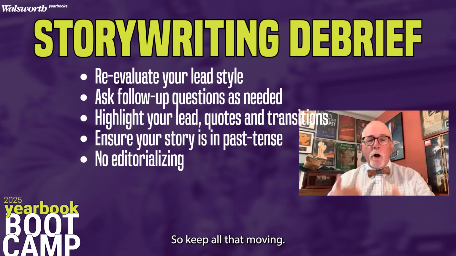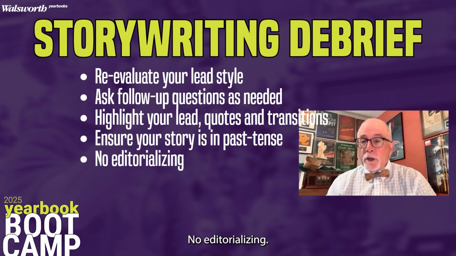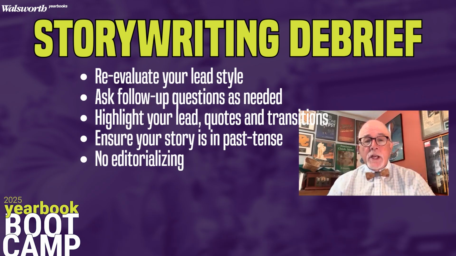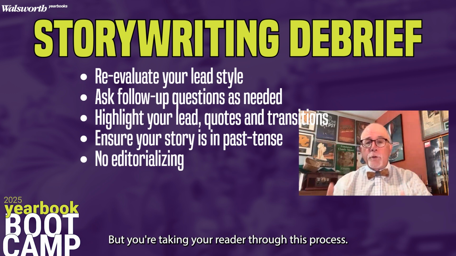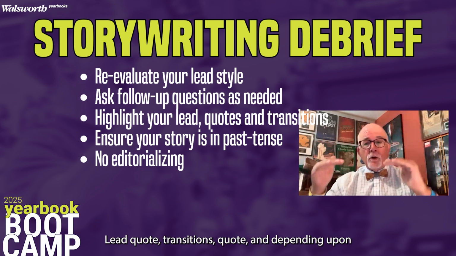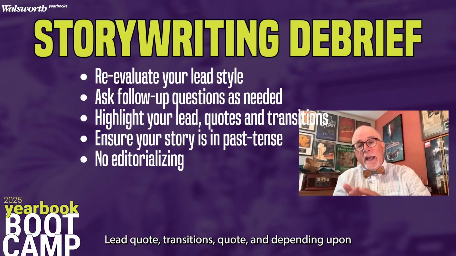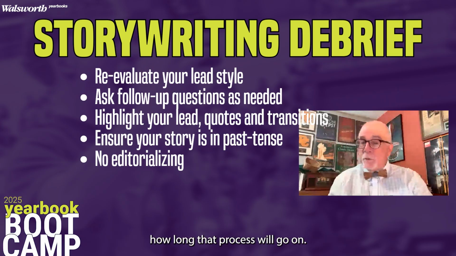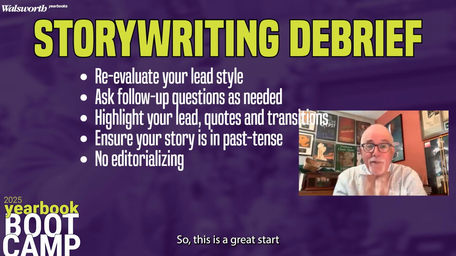So keep all that moving. No editorializing. You're not telling your opinion. You're just quoting facts, but you're taking your reader through this process. Lead, quote, transition, quote, and how long it is will depend upon how long that process goes on.